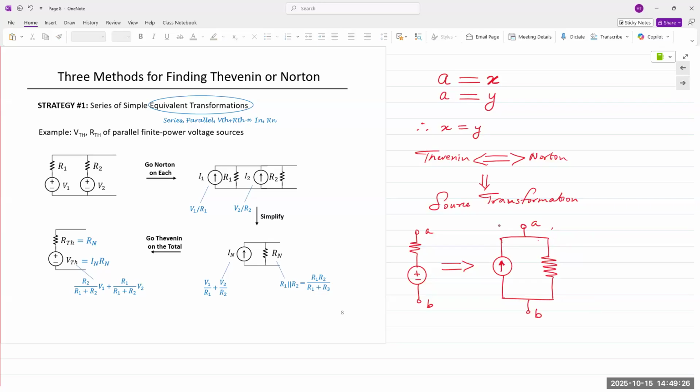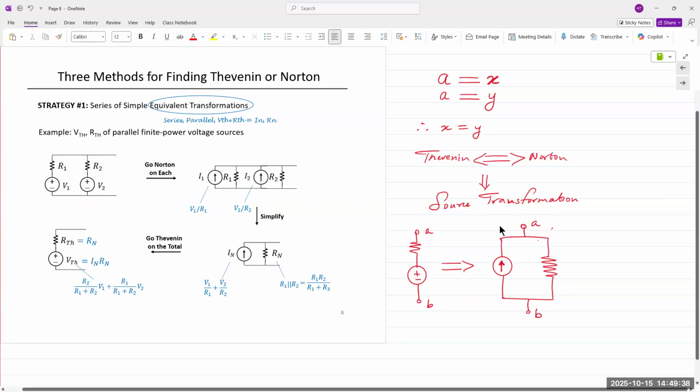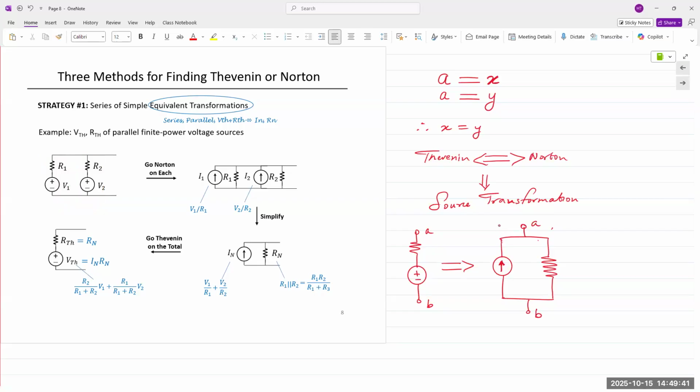All right. So what the slide is showing us is here, we have two resistors in parallel, two sources in parallel. We can convert both of those into current sources by using source transformation. Okay, we convert it into I1 and R1 and I2 and R2.